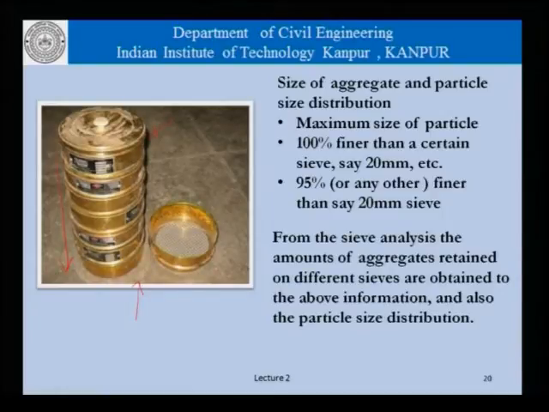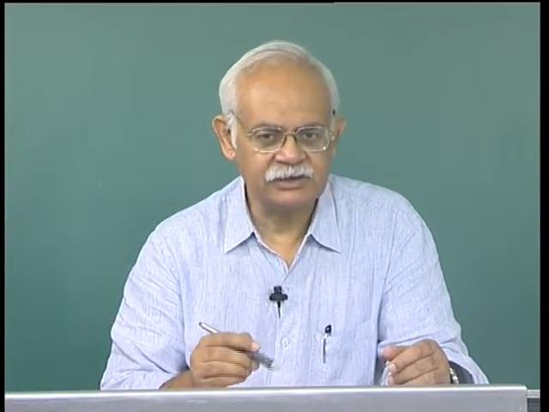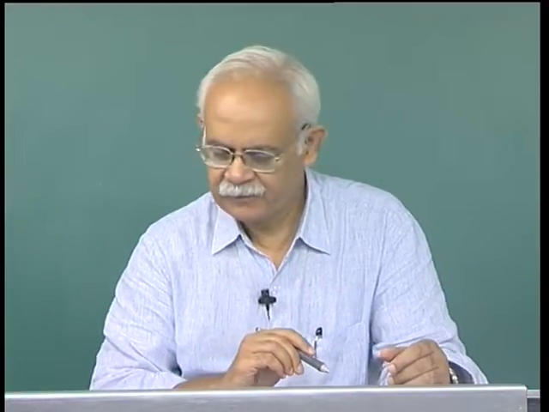Once we shake the sieves, we have particles retained at different sieves, and we take a measure of that in terms of the weights and the relative weight retained at a particular sieve with respect to the total amount of aggregate taken, and we get the percentage of aggregates of that particular size.